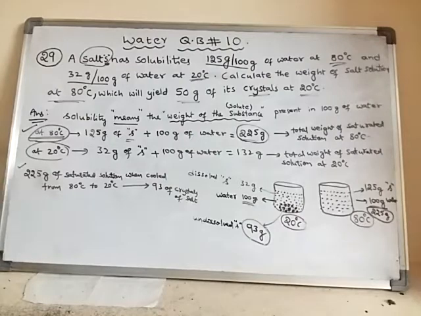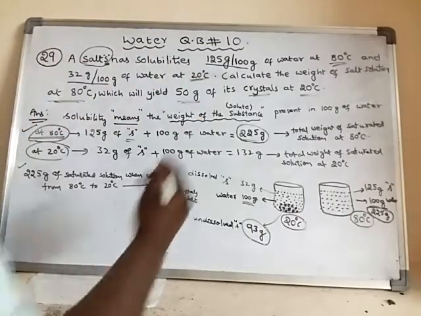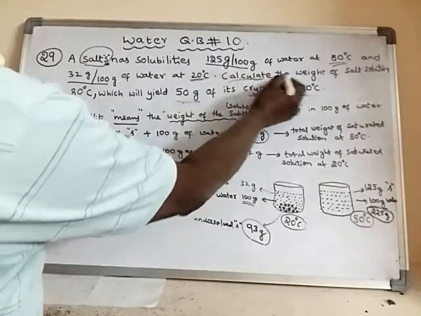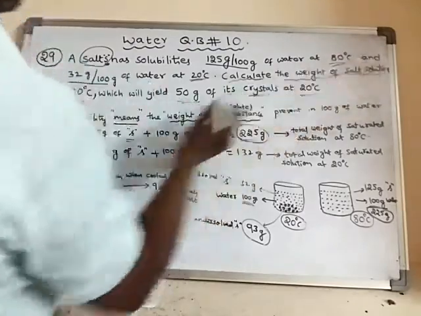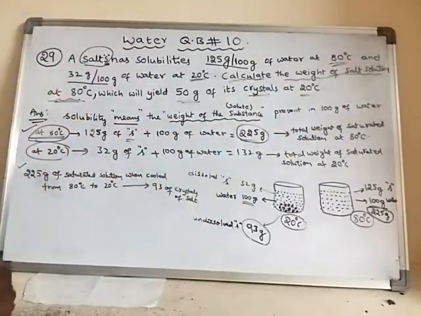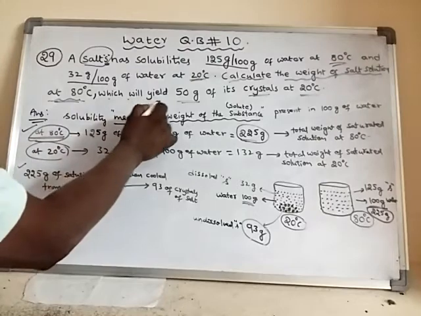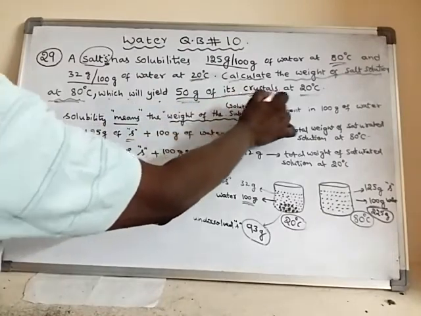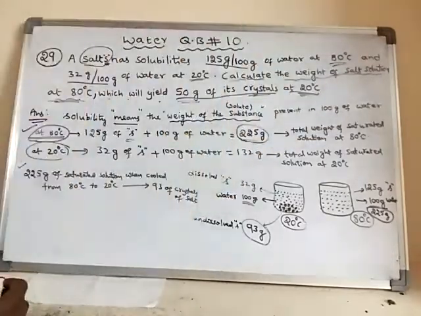So now from here the question will start. Calculate the weight of salt solution at 80 degrees centigrade, which will yield 50 grams of its crystal at 20 degrees centigrade.